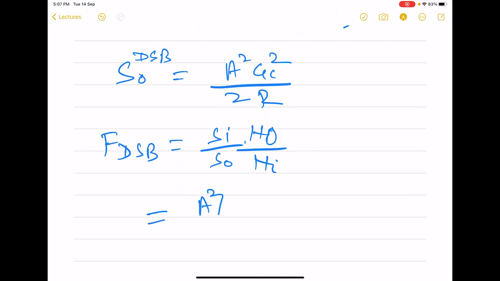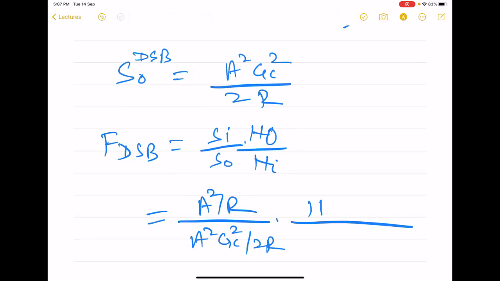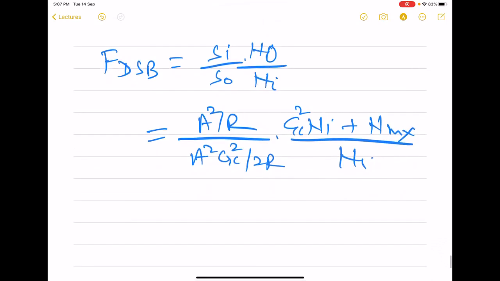So the noise factor for the DSB input signal is SI by SO into NO by NI. And this is A square by R, A square GC square by 2R, into GC square Ni plus N mixer divided by Ni.